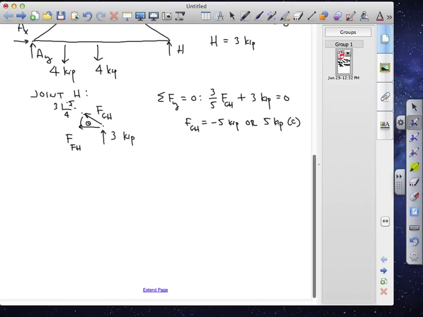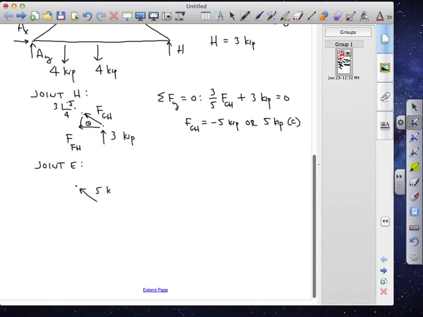So finally we have, for joint E, a free body diagram that looks like this. Now I'm going to use the fact that we've just found that GH and therefore EG is in compression. So I'm going to represent the force going into E like this. This is our same 3, 4, 5 triangle orientation.